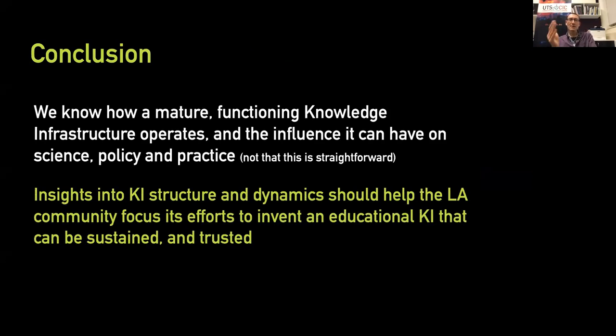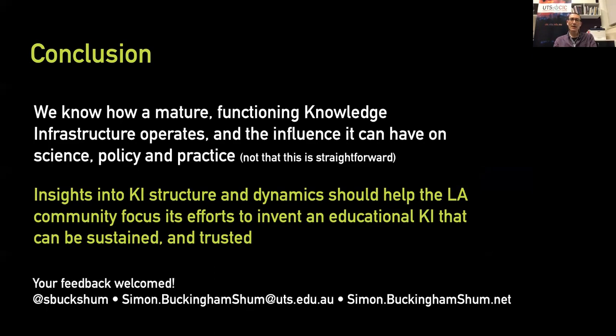So I think that these insights into what functioning knowledge infrastructures look like should help us, babies as we are, merely 10-year-olds, focus our efforts as we try and invent an educational knowledge infrastructure that is going to be sustainable, technically and socially, and trusted. And I'm very interested in your thoughts and reflections on this, both now and in the conversation forward. So I'll stop there for a few questions, and I'm interested to know what you think about that. Thanks very much.